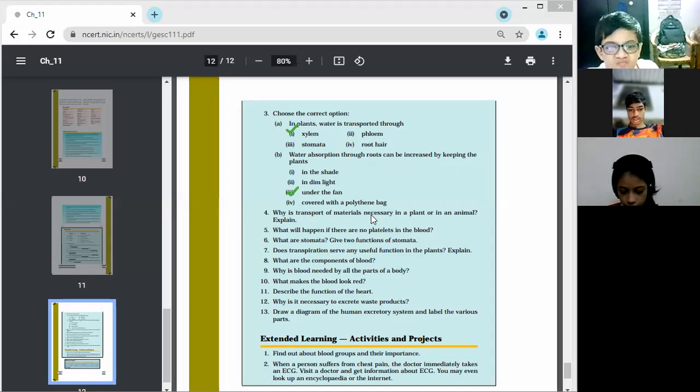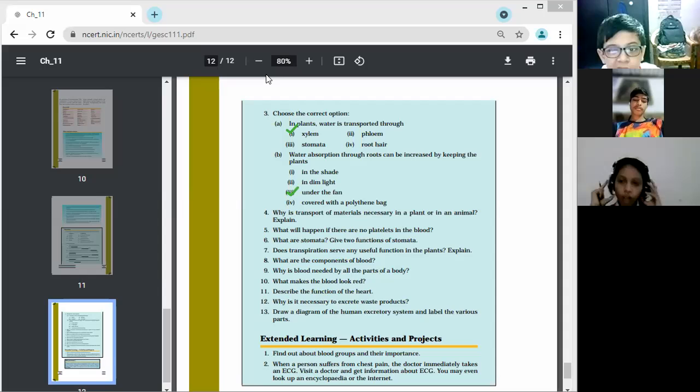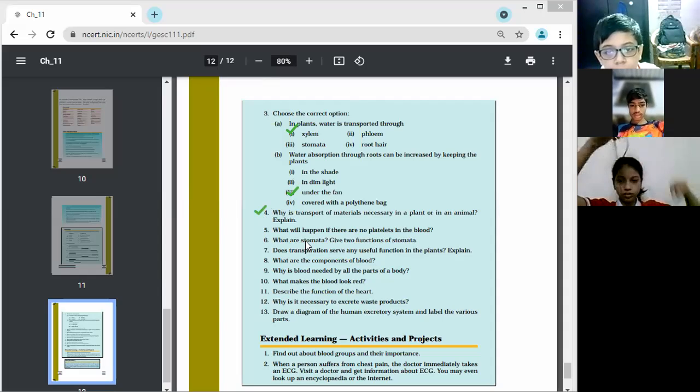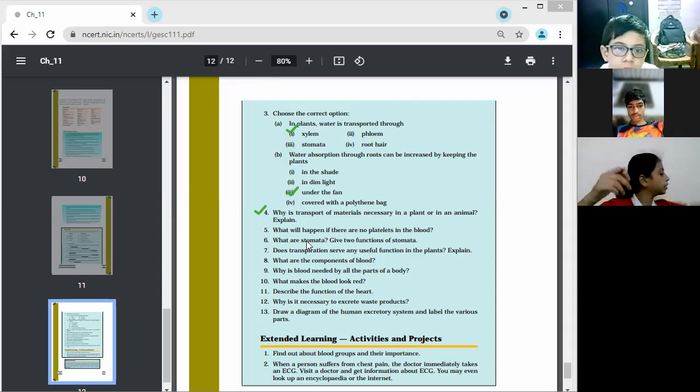Next is: why is transport of materials necessary in a plant or an animal? Explain. Kindly raise your hand, children. Ma'am, can I answer? Yes, Fiona. Transport of materials is necessary for plants or animals because due to it the nutrients and oxygen are made available to all parts of the body.